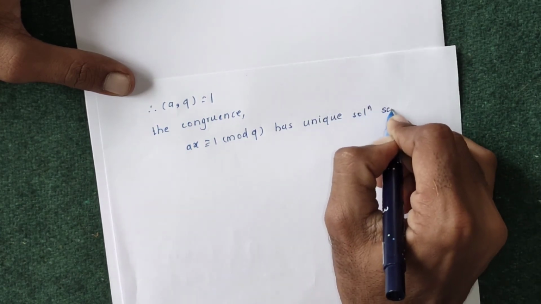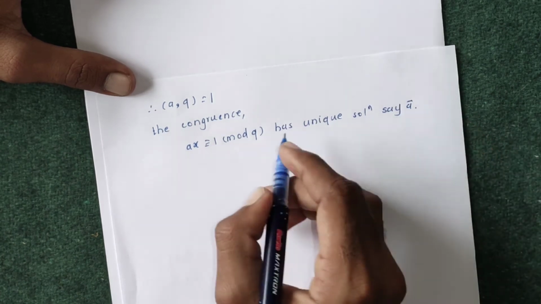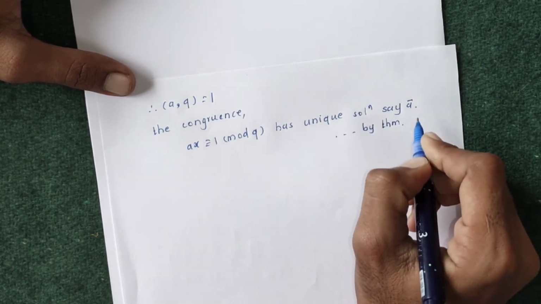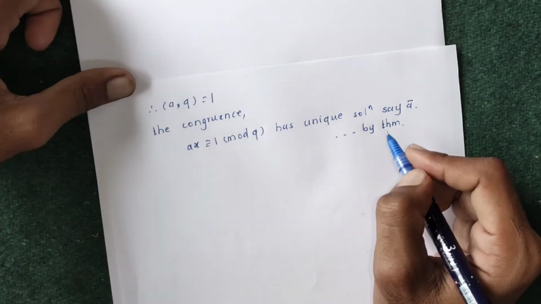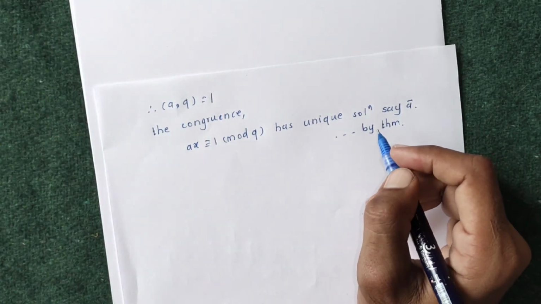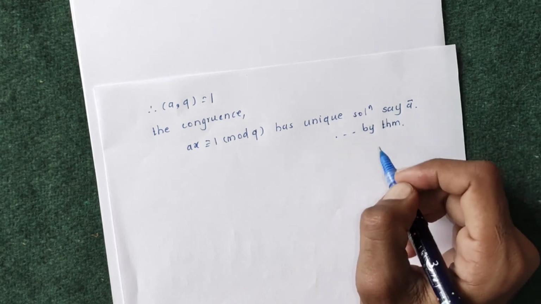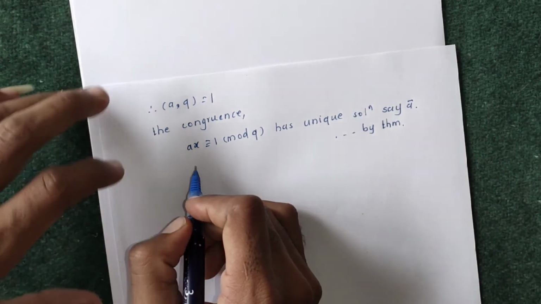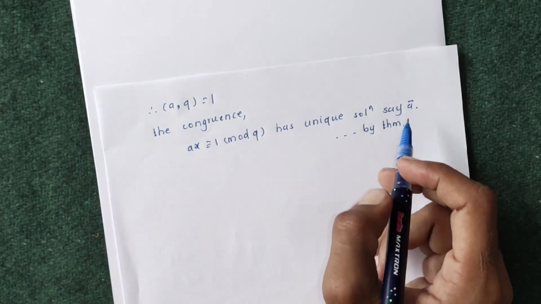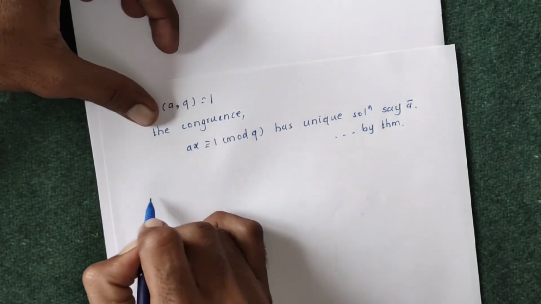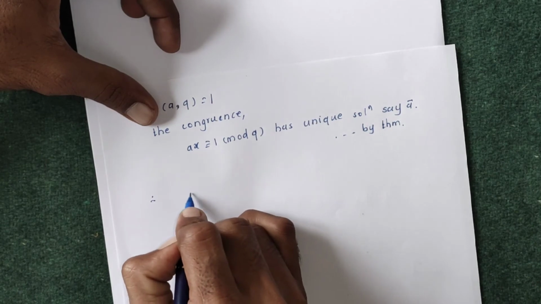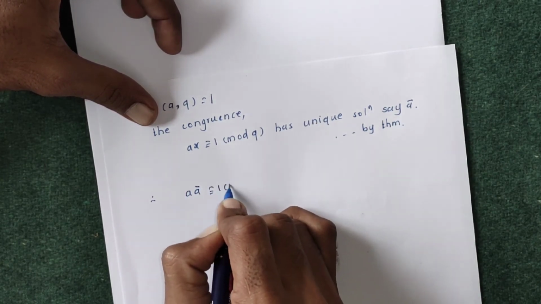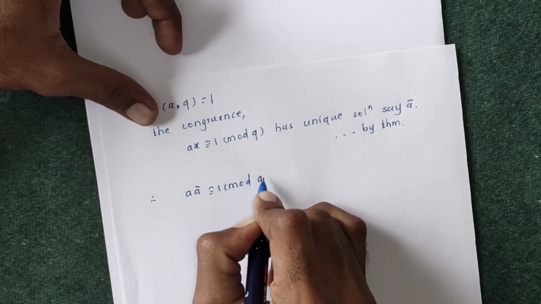Suppose that solution be a bar. This is by using the theorem: if the GCD of a and m is 1, then the congruence ax congruent to 1 mod m has a unique solution. Therefore a bar is a solution of this congruence, that is, a bar is congruent to 1 mod q.